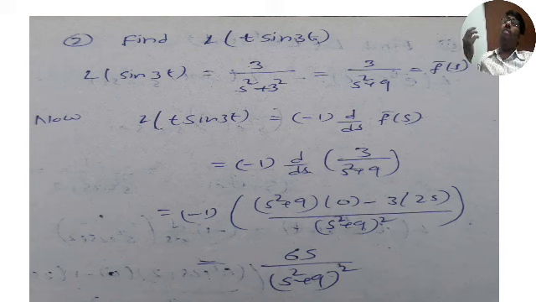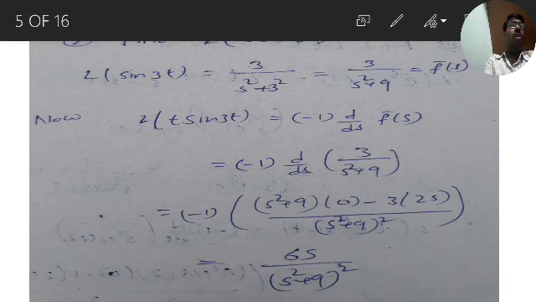Apply the method. What will we do? Multiplication by t method means we will take the derivative of f bar of s. To find f bar of s, what do we need? We need f of t. What is f of t? Except t, take all other terms, that is sin 3t.